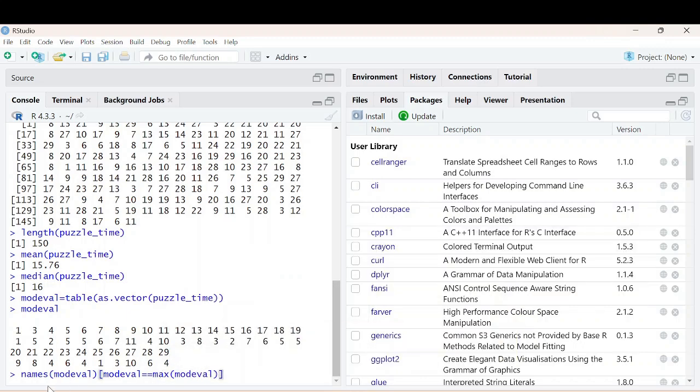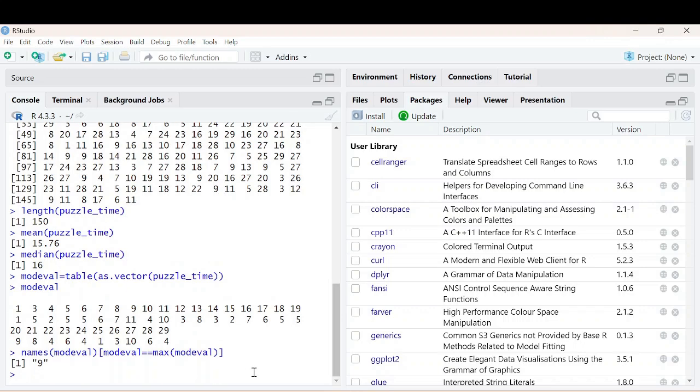So we are going to extract the name from mode val, the left hand side value. How? With the square bracket we extract names of mode val equal to maximum mode val. So you see, corresponding to the 11, because 11 is the maximum frequency, the mode value is 9. So this is the way to find mean, median and mode through R programming.